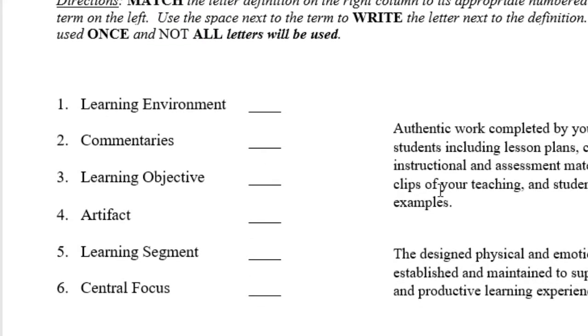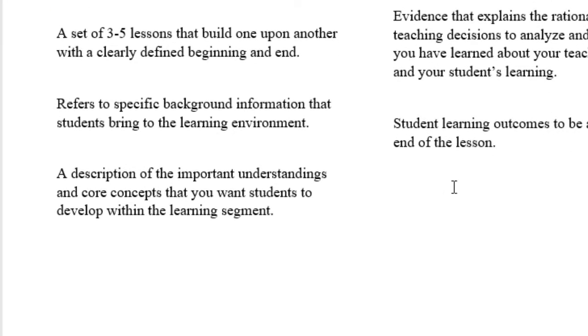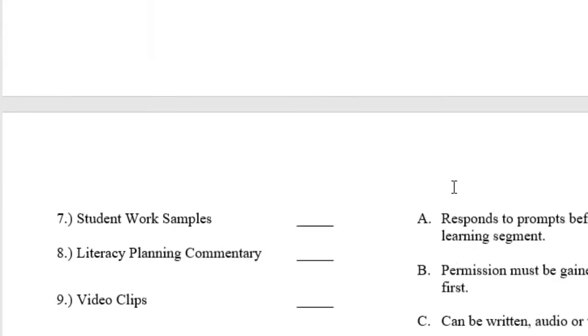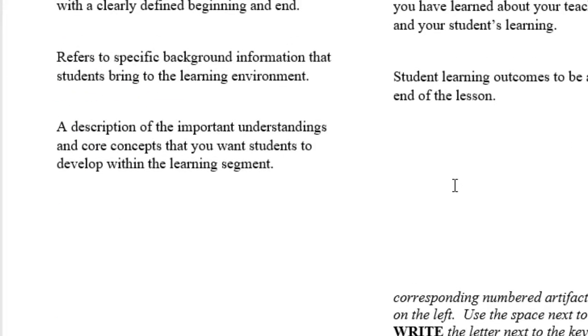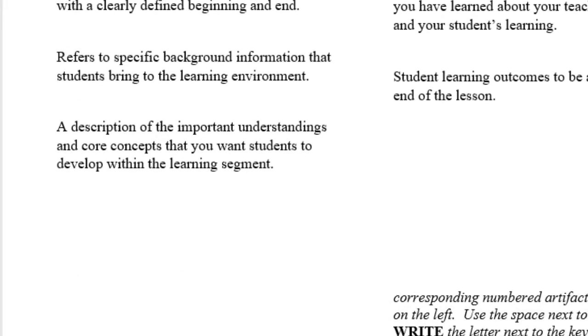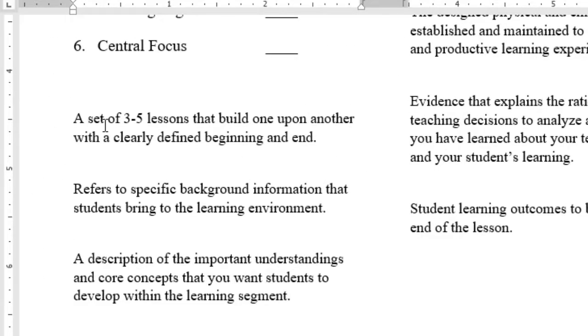So now I have to figure out a way to make these. See, this is the rest of the test, and that's also 2 columns. So here's what I'm going to do. I'm going to go to the end. You can see that the definitions are still underneath the terms.